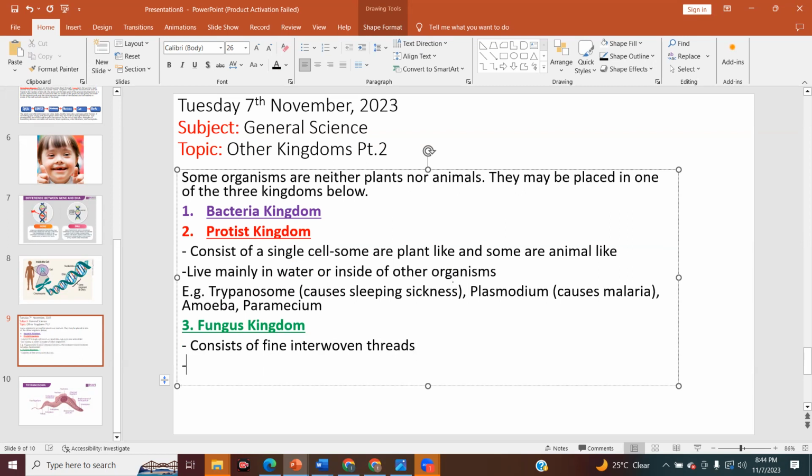They live in the soil or inside other organisms, especially plants.